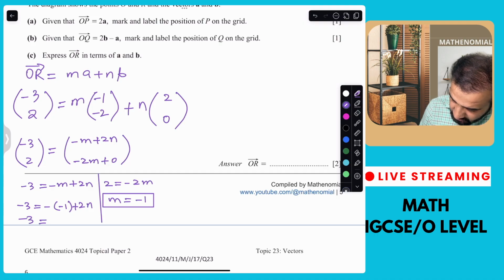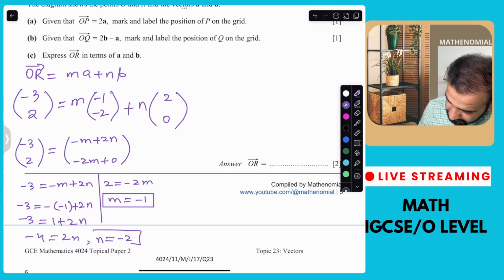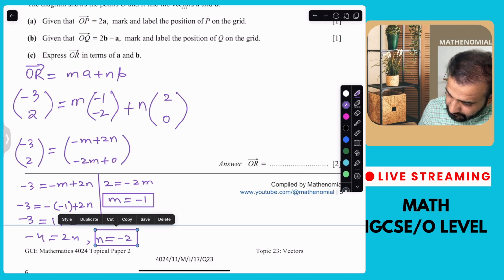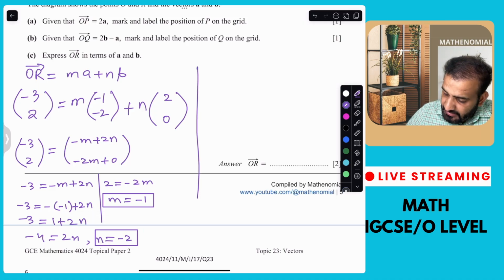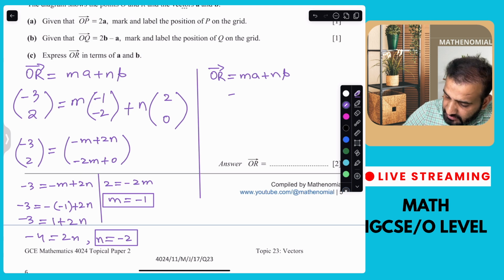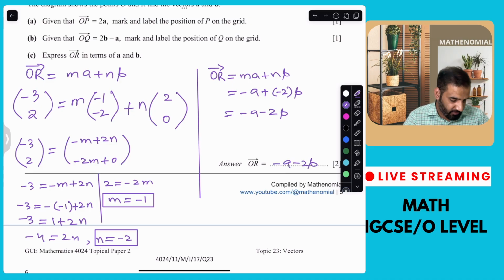So -3 is equal to 1 plus 2n, -4 is equal to 2n. So it means n is equal to -2. So can we say that OR is equal to m was -A plus n is -2, so it is -A minus 2B. Okay, that's it.